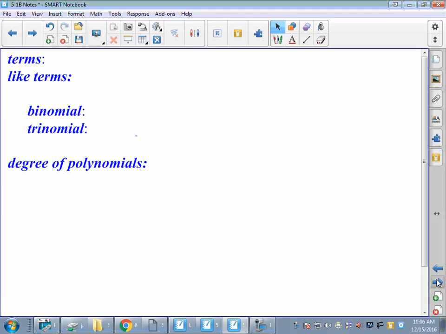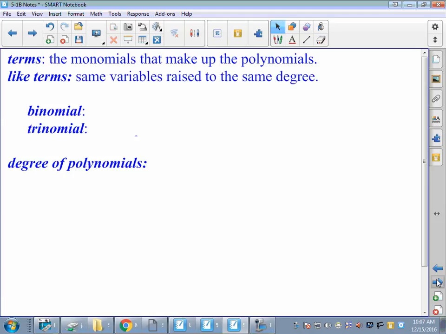Some more terminology for you. Terms are the monomials. So when you look at each individual monomial, they're called now terms. Like terms, same variables raised to the same degree.